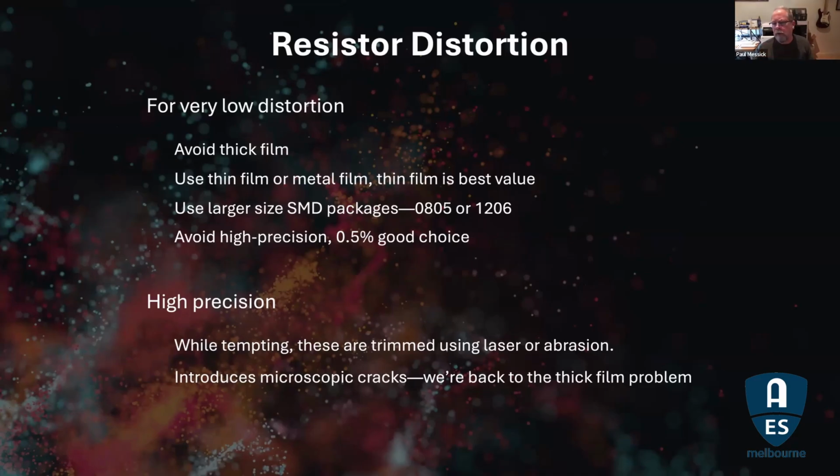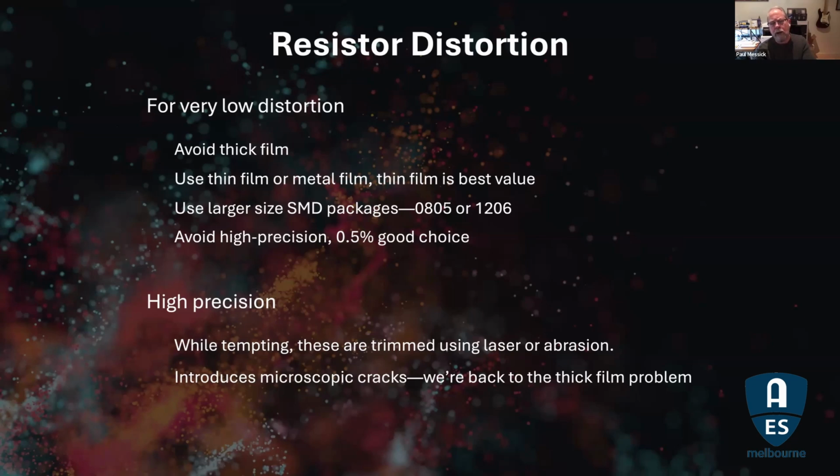Bigger parts are better. I've seen some audio analyzers that will have parts that are nearly as big as your little finger to try and minimize any of this sort of distortion.